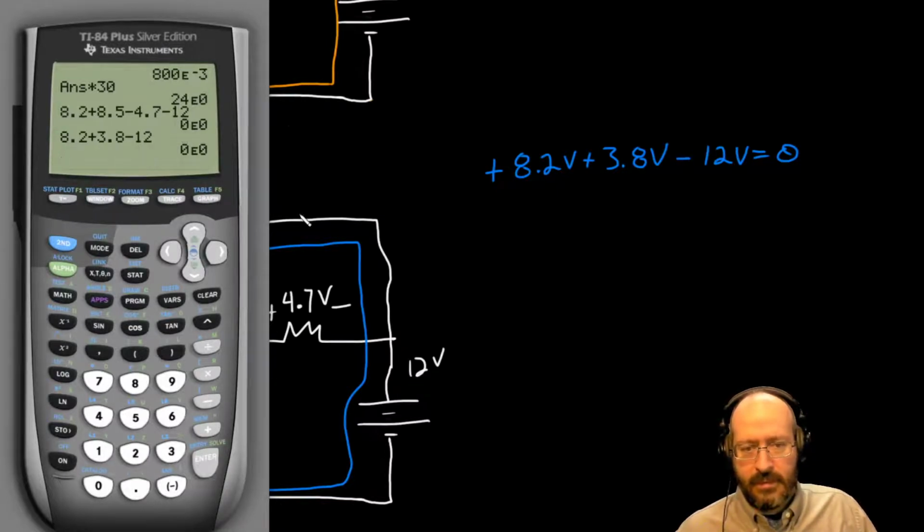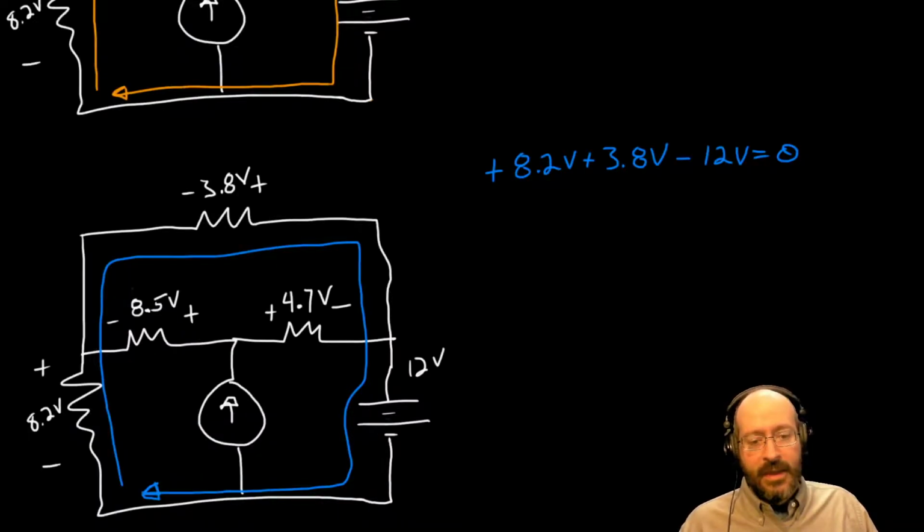It's a good habit to get into, and it is in fact 0, so we're in good shape with that KVL. Now, I have habits, and habits make me get to the right answer as consistently as possible. Not always, but I try, and so should you.